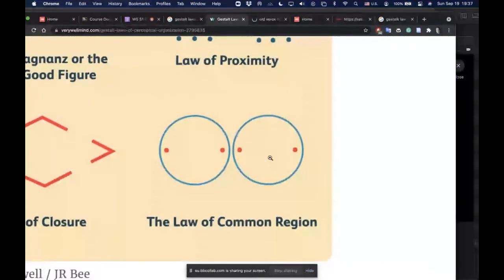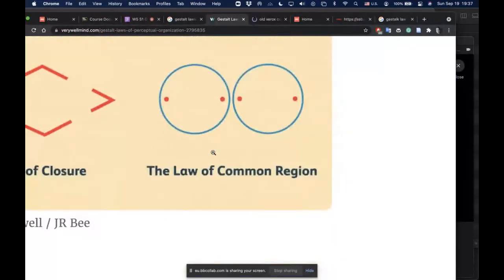And the law of common region means that if you create an enclosure, people see groups differently. If these circles were not here, you would see this as one group, and this as another group. But if you make an enclosure, then people see two groups.